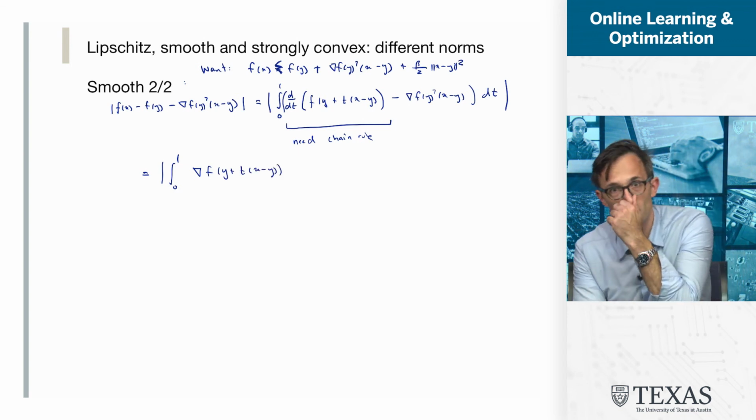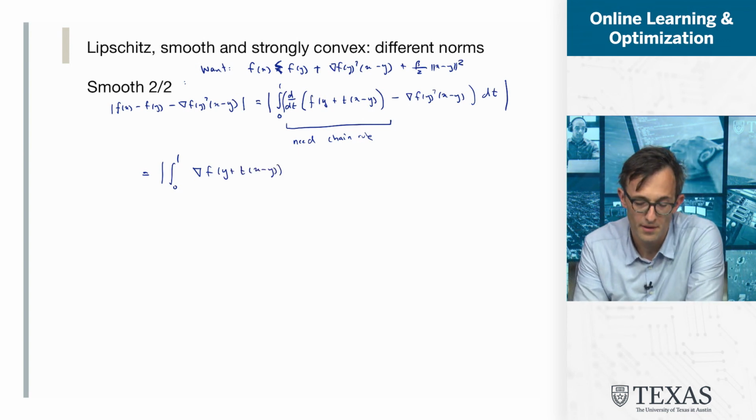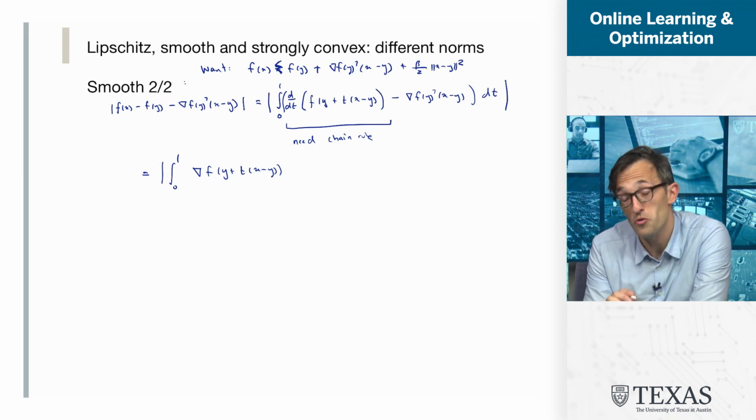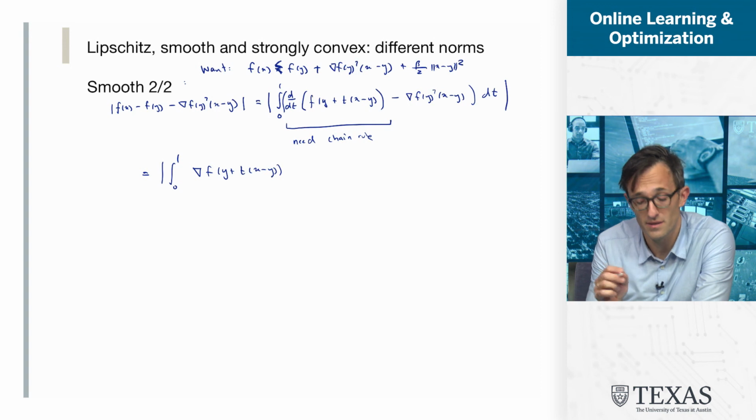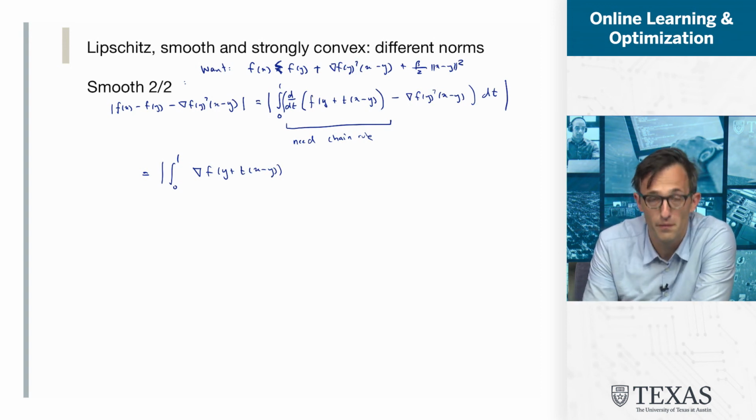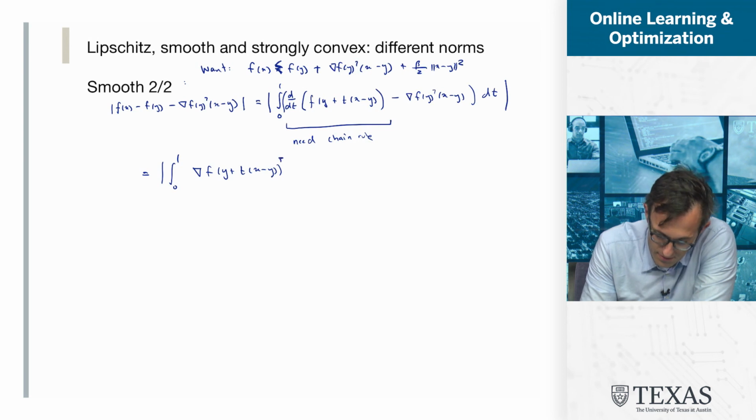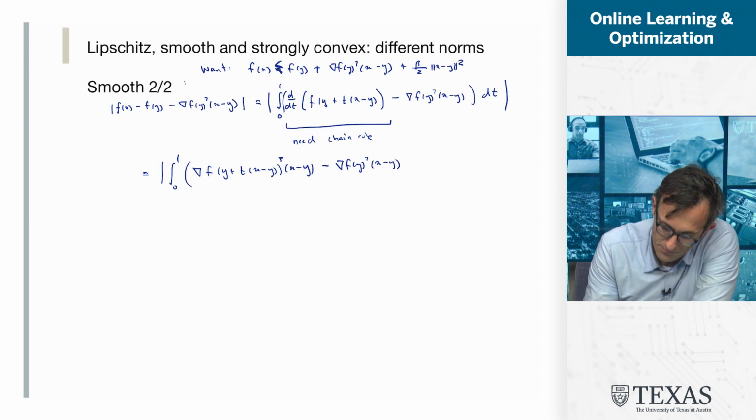That's the first part of the chain rule. And then I need to multiply by the derivative of the inside. Again, I'm taking a derivative with respect to t, so you should think about this as just a single variable function, a function of t. What's the derivative of the inside? x minus y. And then what I had over there on the far right: minus the gradient of f of y transpose x minus y, dt.